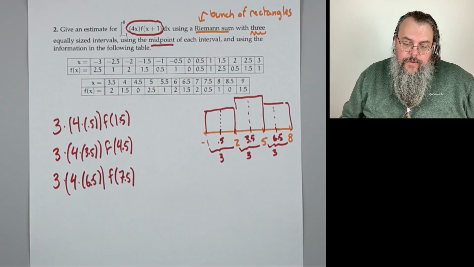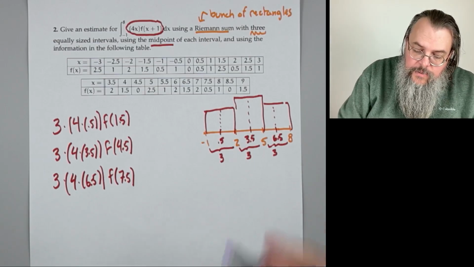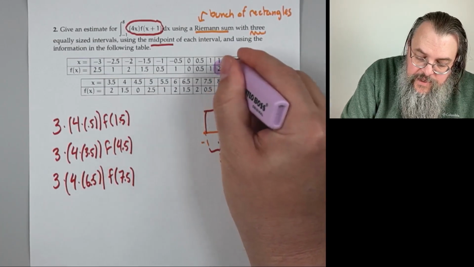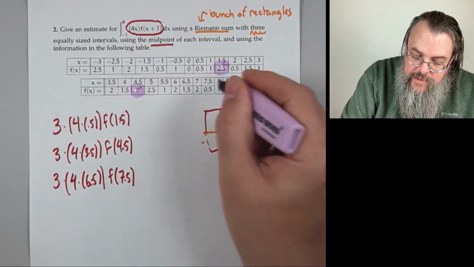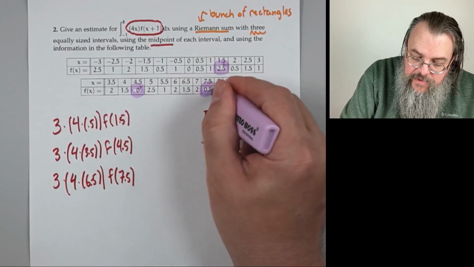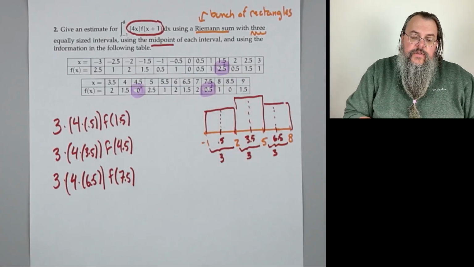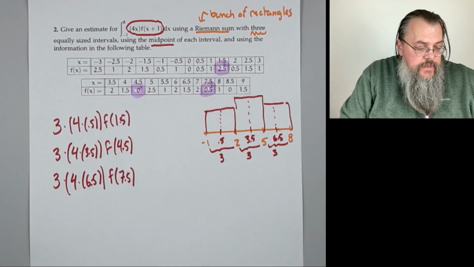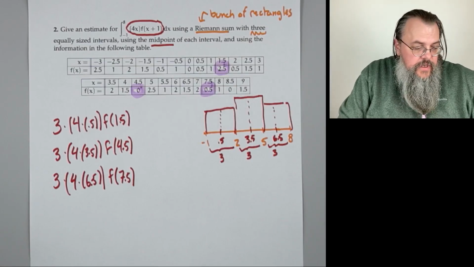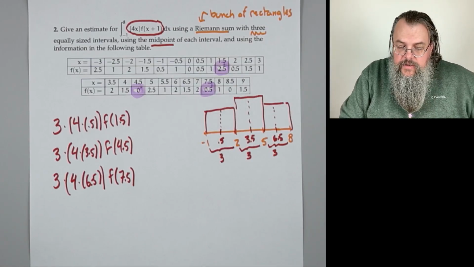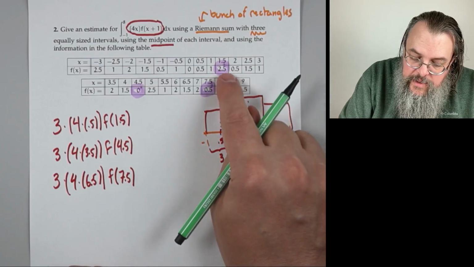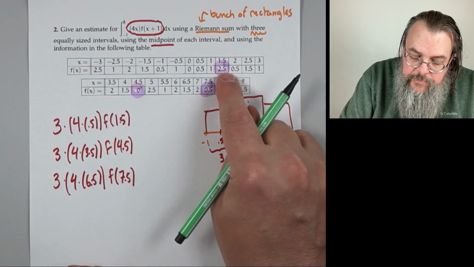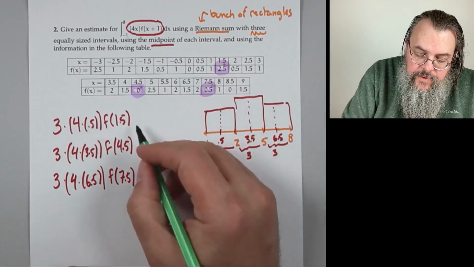So looking at our table, what do we need to use? Well, we need the f of 1.5, the f of 4.5, and the f of 7.5. And so we start plugging in these numbers. And okay, some of them are easier to use than others, but so at 1.5, we have 2.5.